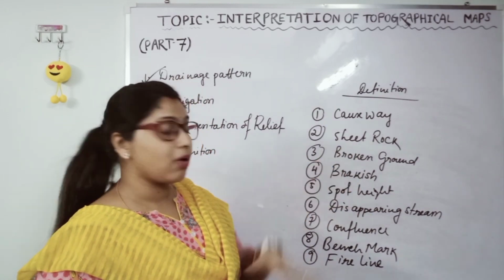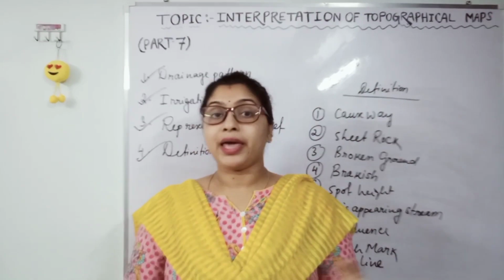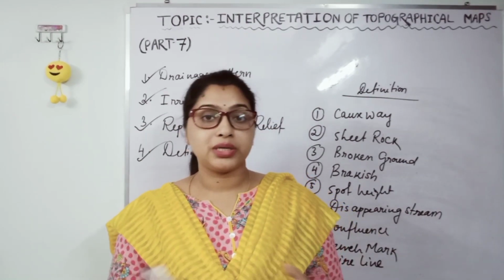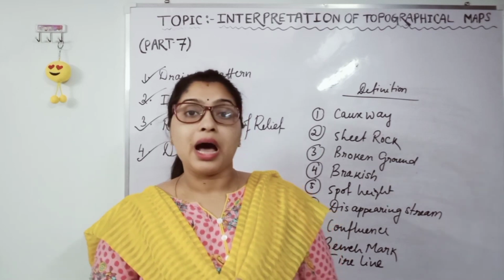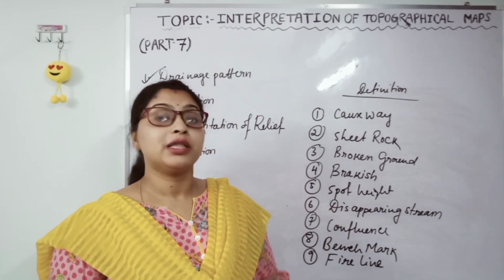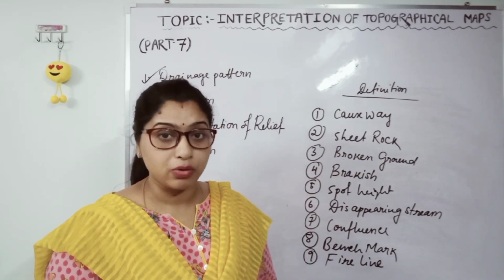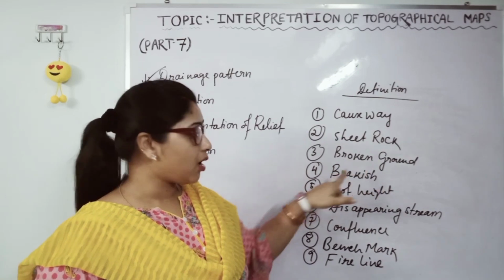Then the broken ground: due to heavy rainfall and flood, the area becomes broken. After the flood water is removed, that area is not fertile enough to grow any crops. Okay, so that is broken ground.